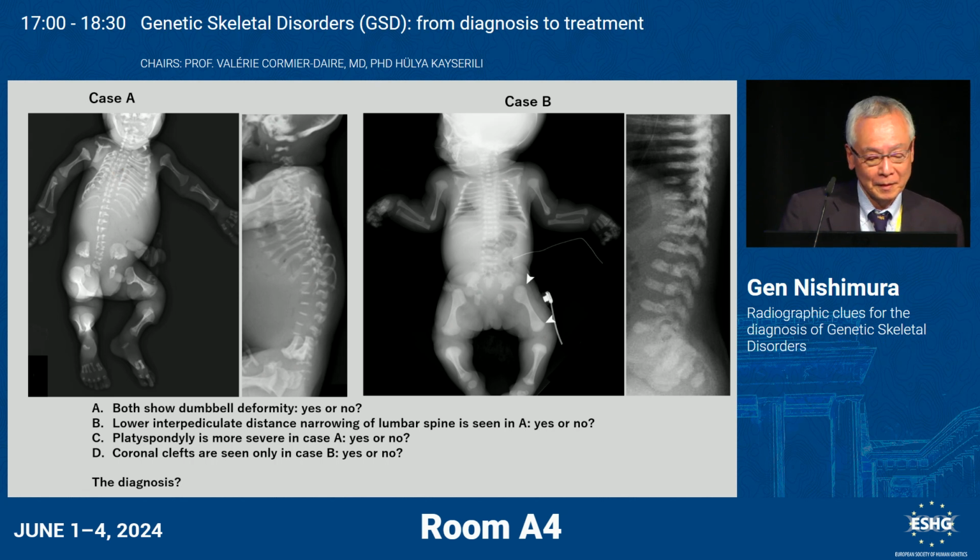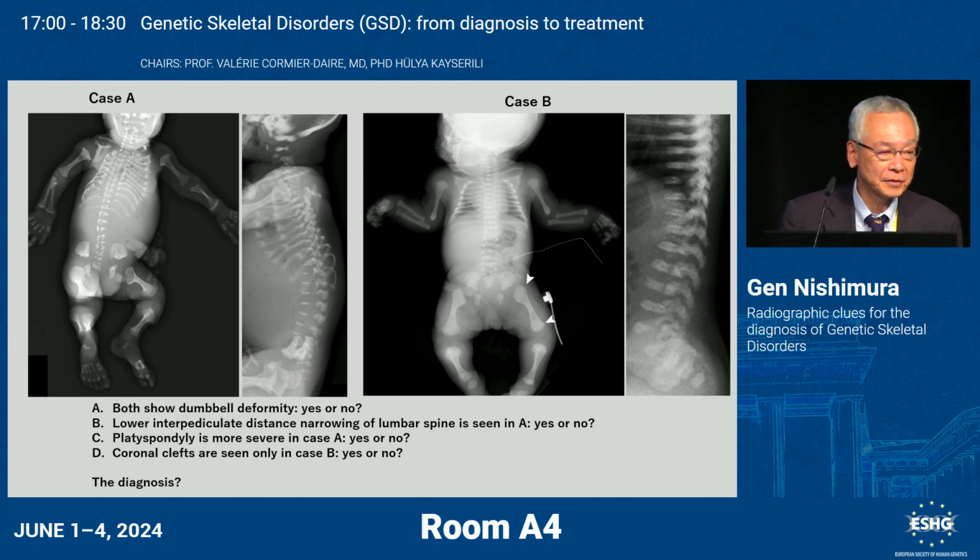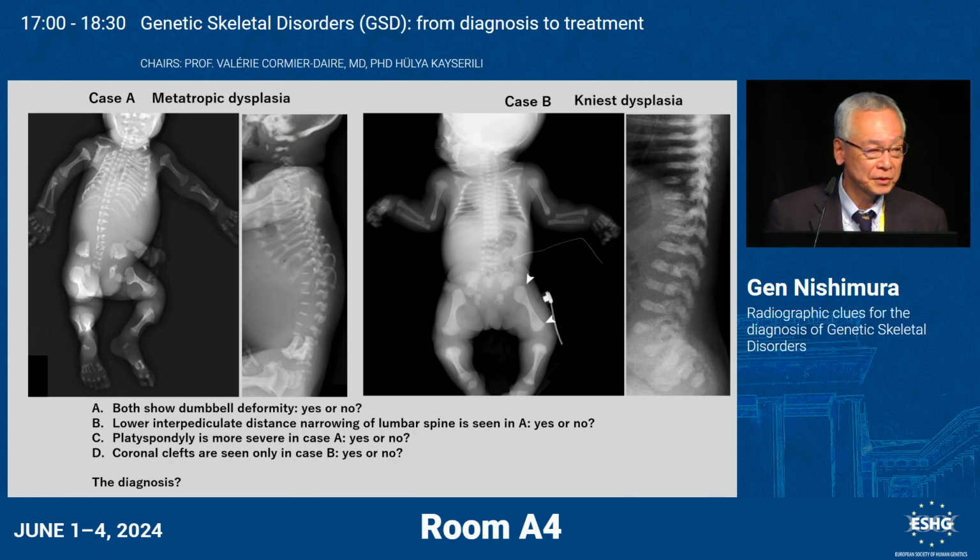Yes, but it is more severe in case A. Coronal clefts can be seen only in case B? Yes. You can see a cleft here in this case, but this is a very wide neurocentral synchondrosis, not a coronal cleft. So the diagnoses are metatropic dysplasia and Kniest dysplasia.